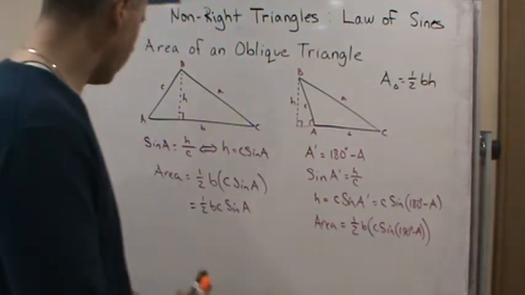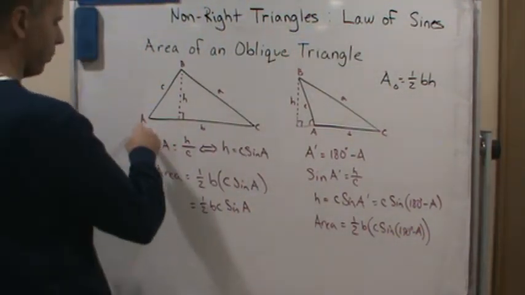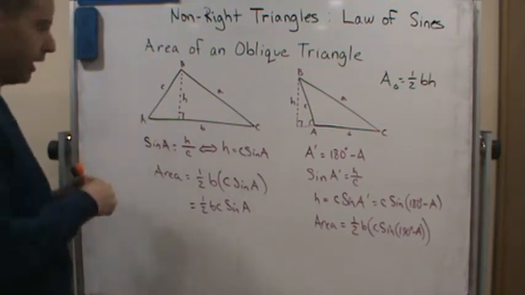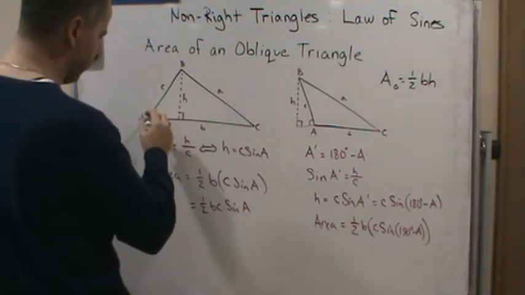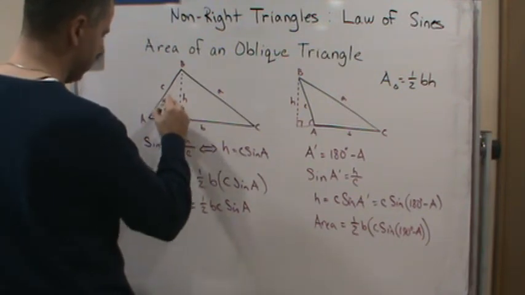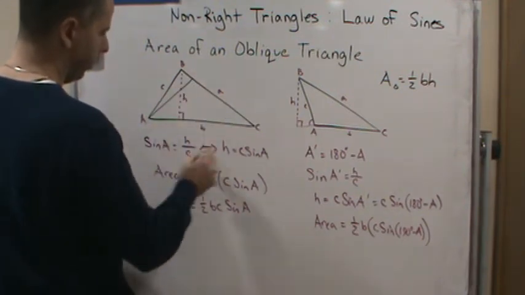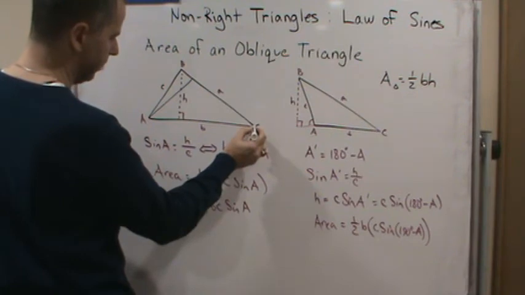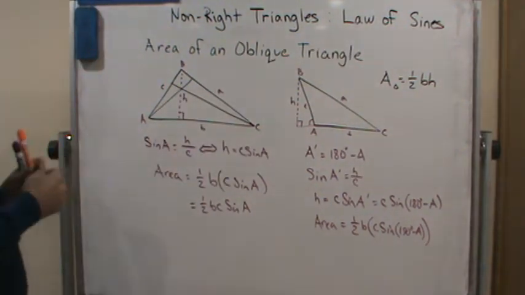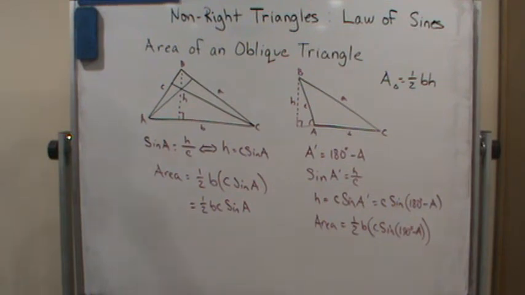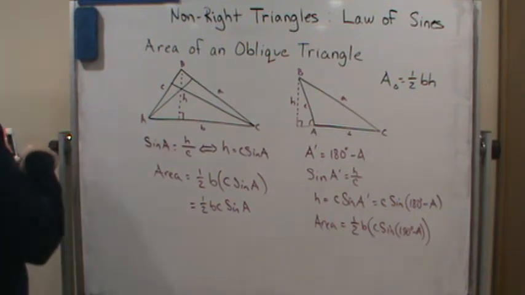So if we do it the other way, there are two other altitudes. I could draw an altitude from A across from B, or I can draw an altitude from C. And so we can use those altitudes to come up with a similar formula.